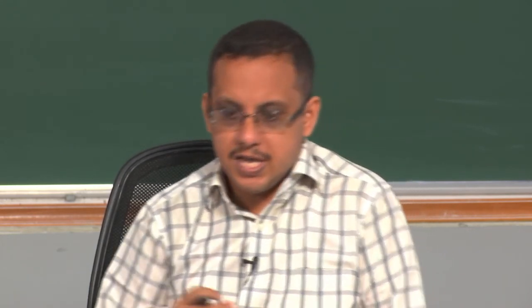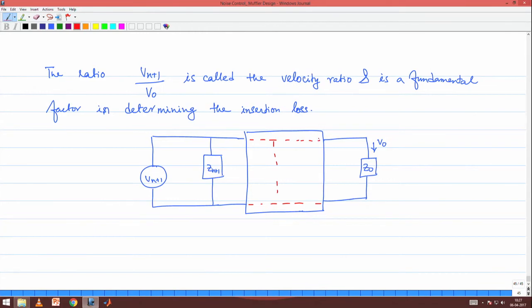But once you know that this muffler has to be fitted with a particular source, then you must always calculate the insertion loss, and to choose the best muffler for a given source you must do the insertion loss calculation. Unless you do the insertion loss calculation based on transmission loss, the exercise could go completely futile. Okay. So, let us quickly illustrate how you can create a bypass path.